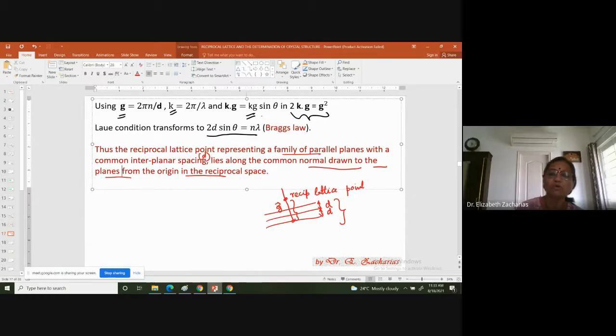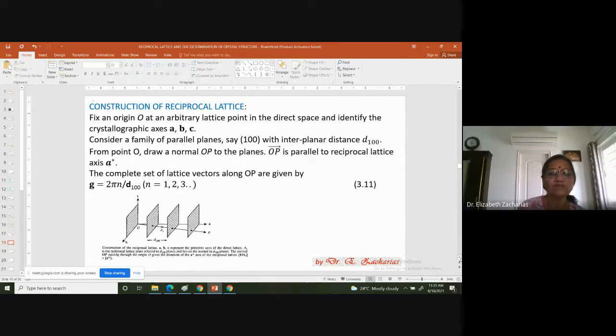I've shown you how 100 planes can be represented by one reciprocal lattice point, 200 can be represented by another. So this way, we introduce a concept of reciprocal lattice. So today's class, we'll look at the construction of a reciprocal lattice.